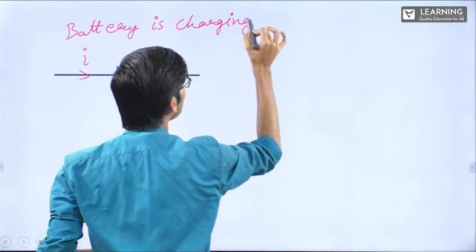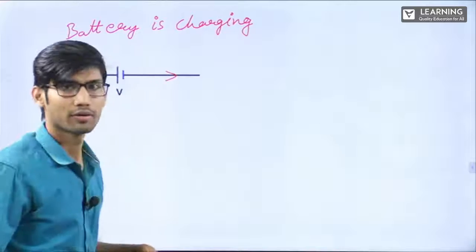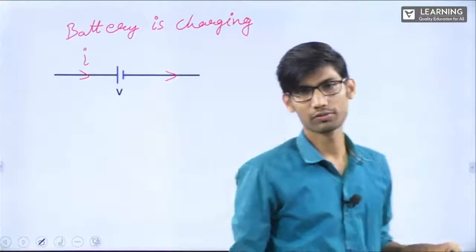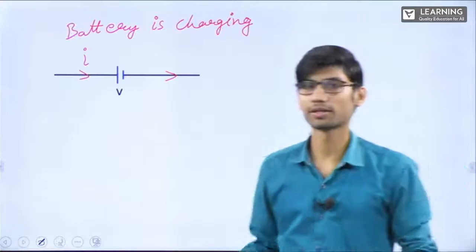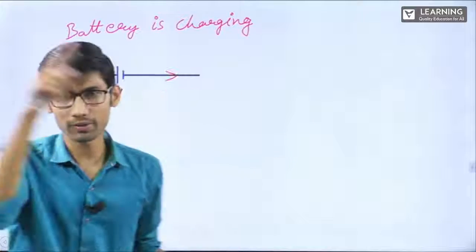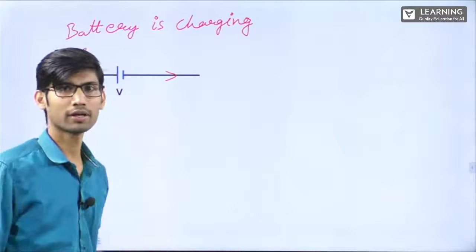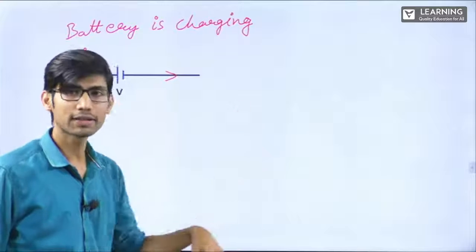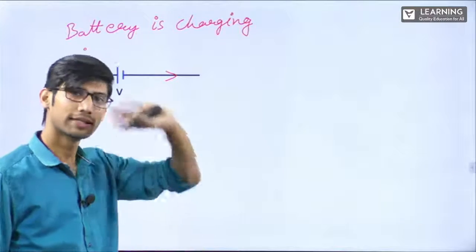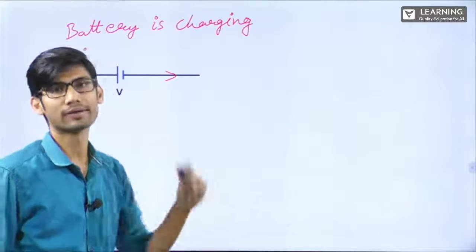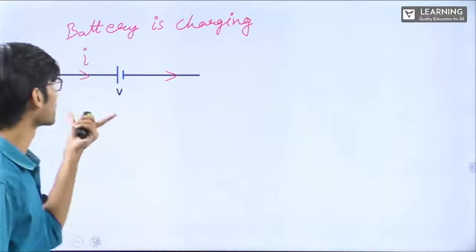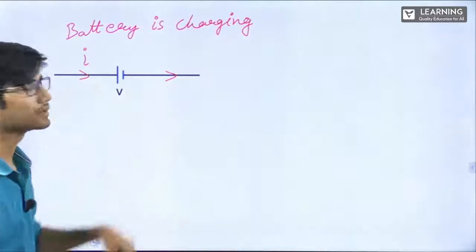You might have seen inverters at your home, right? When the electricity is gone, then we switch on the inverter, battery is connected to that. That battery starts providing the current, correct? And when the electricity comes, then that electricity starts charging that battery. That is the same thing. So this is getting charged.